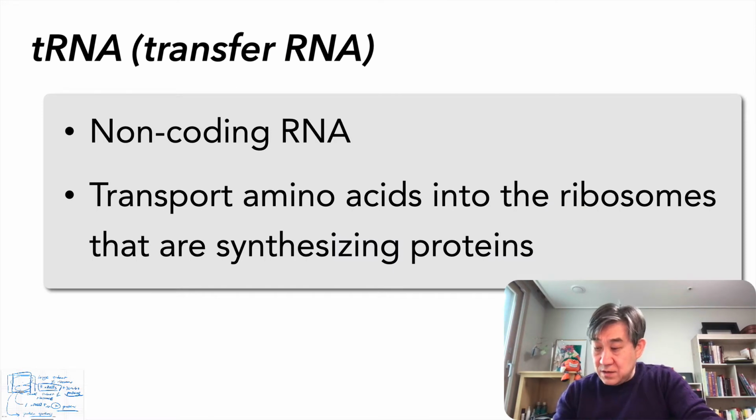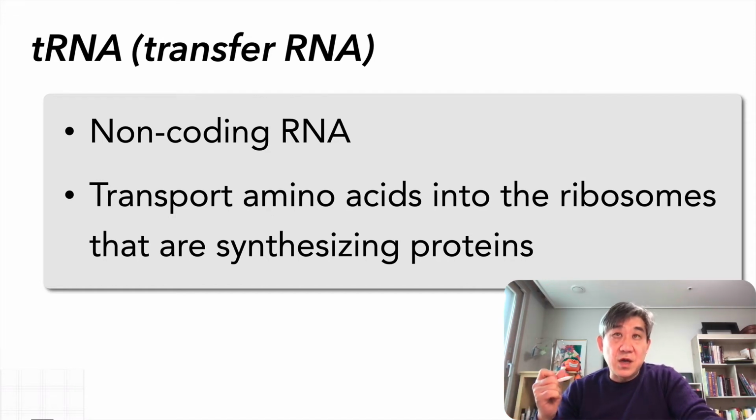And on the other hand, the transfer RNA is the carrier RNA. So it is once again a non-coding RNA, because this RNA itself, after being generated as a result of transcription, has nothing to do with any protein coding information.